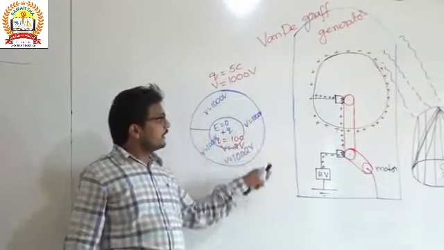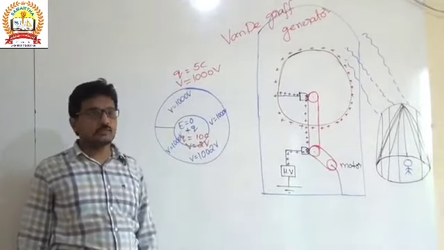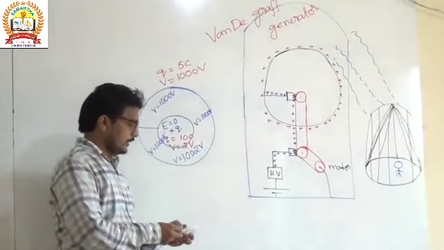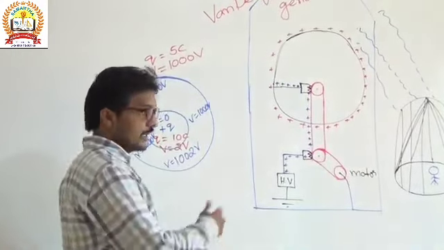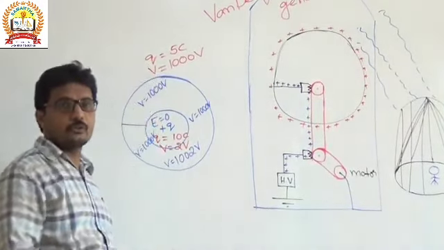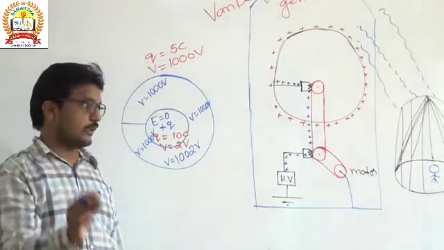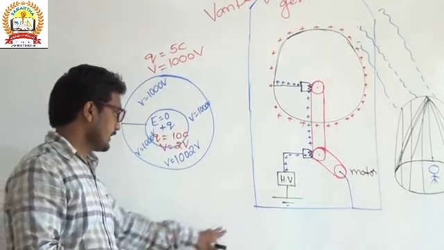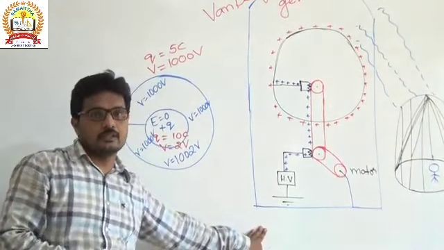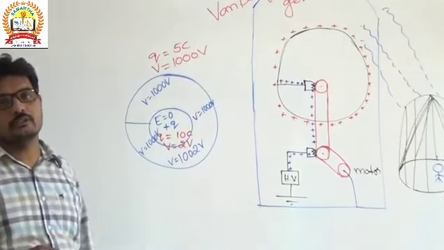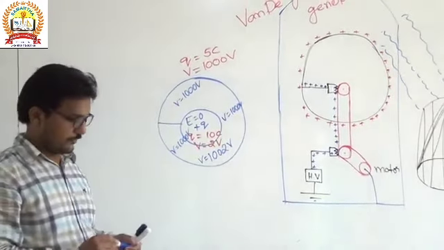Here we have the mathematical expression for the Van de Graaff generator. We are not going to derive the potential difference, because the derivation is not that important from the exam point of view, and even for competitive exams, we just use the formulas to solve the questions.